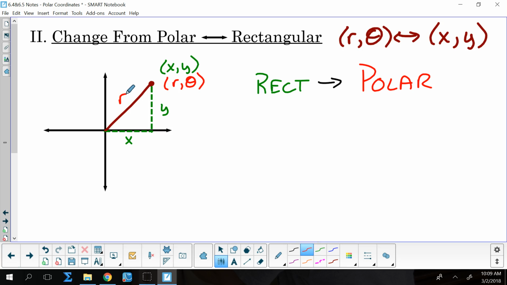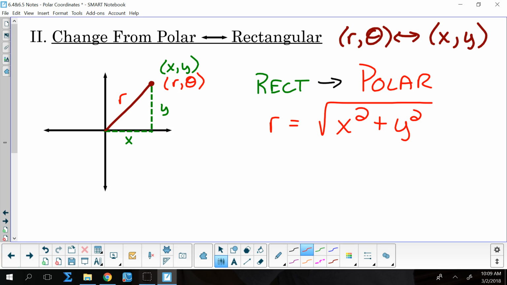So r is going to equal the square root of x squared plus y squared. Where have we seen that before?